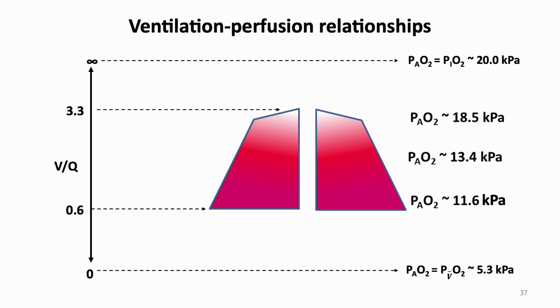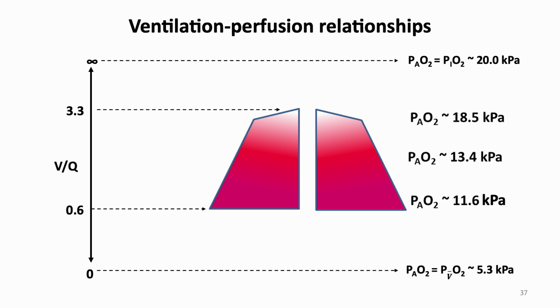Conversely, if you had a VQ ratio of 0, that is an area of the lung that's perfused but not ventilated, this inspired air with 20 kilopascals of oxygen would not affect the alveolar oxygen tension in that area of the lung at all. It would only be the blood, and thus the alveolar oxygen tension would be 5.3 kilopascals, and so would the oxygen tension in the blood leaving that area of the lung.